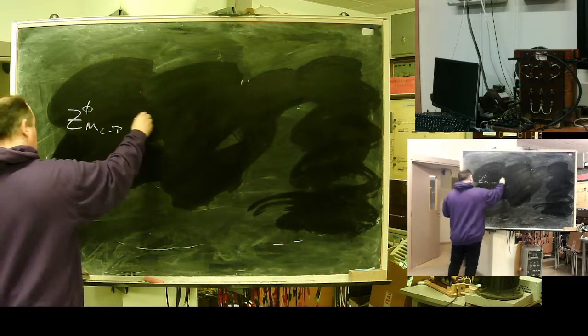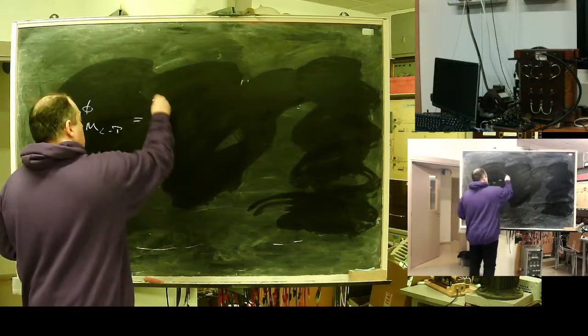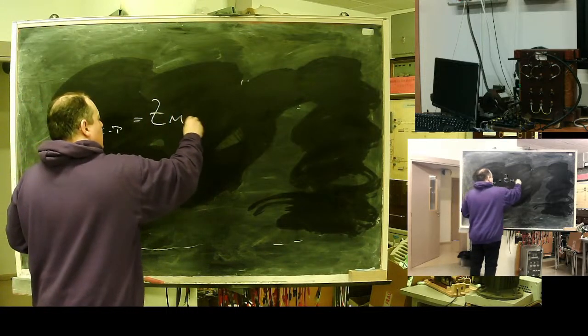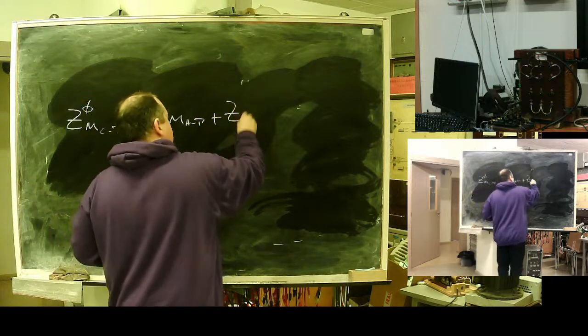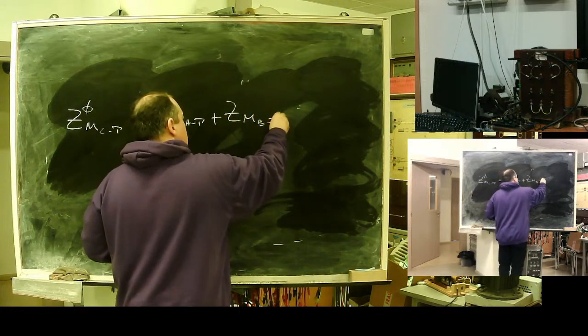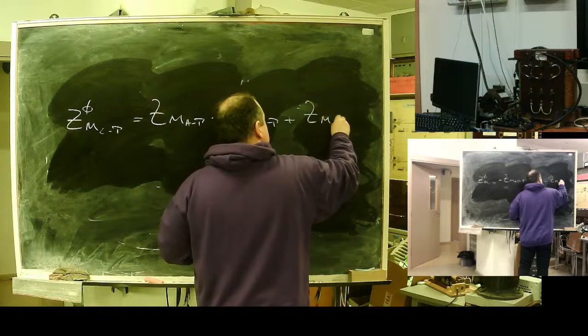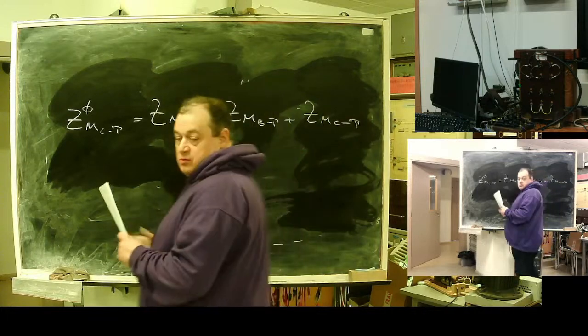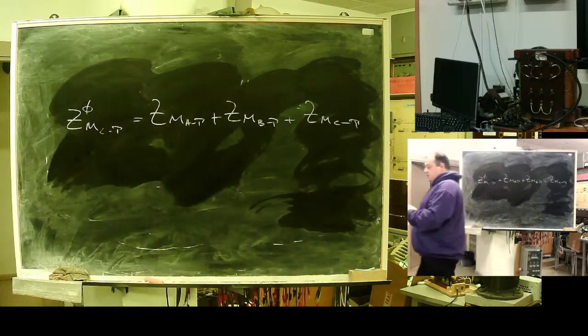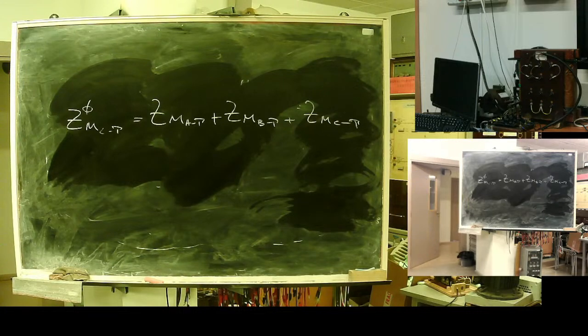One cable will be metal A plus B plus C cable, because I'm calculating zero sequence.